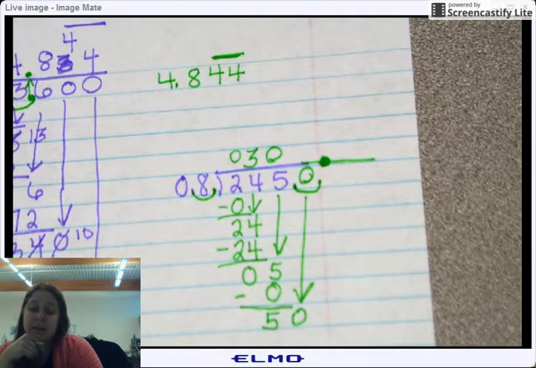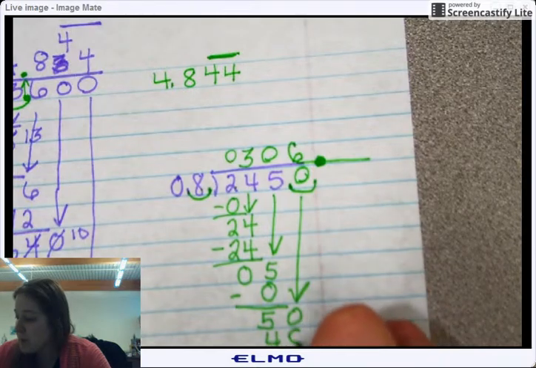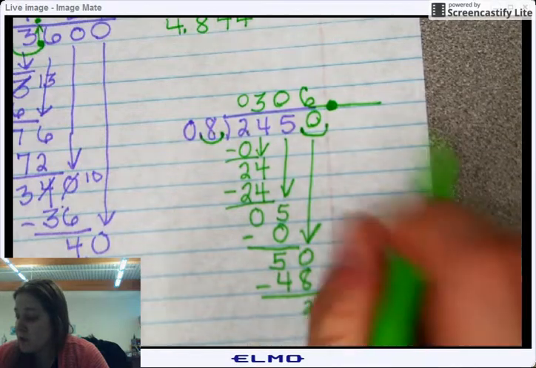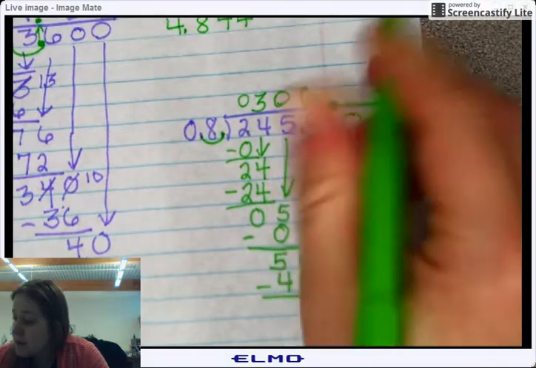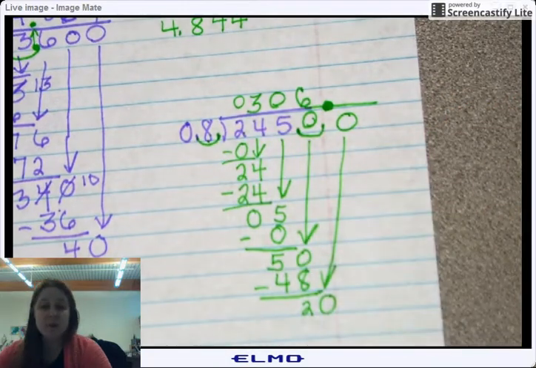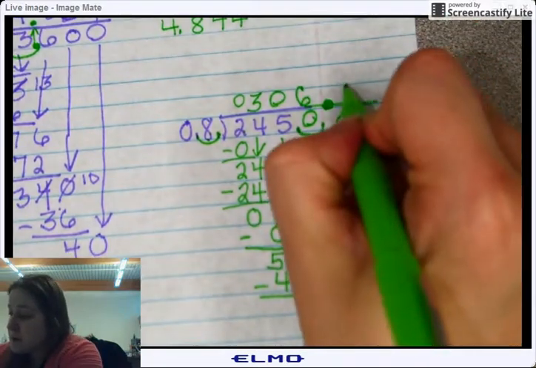8 can go into 50 how many times? 8 times 5 is 40. 8 times 6 is 48. So it goes in 6 times. Gets me 48. I subtract. I get 2. Once again, I can't have a remainder because this is a decimal. So I come over here and add another 0. How many times can 8 go into 20? 2 times.